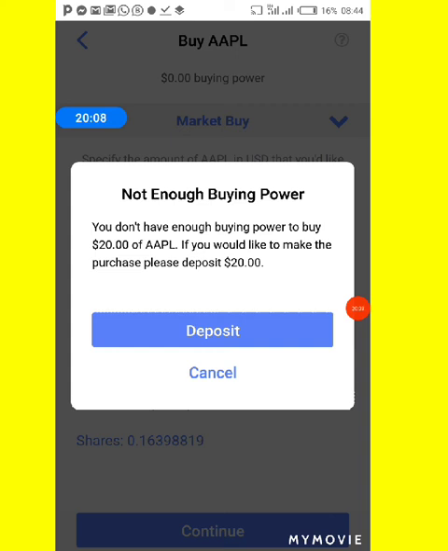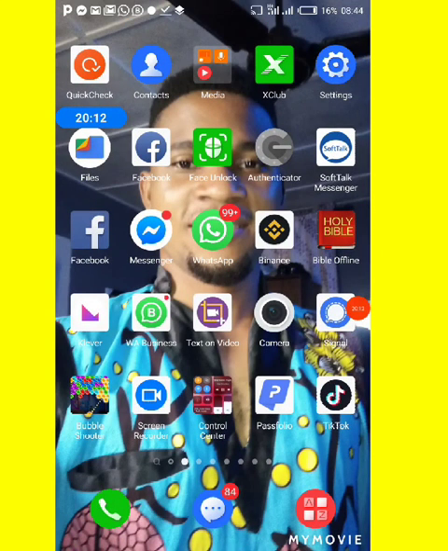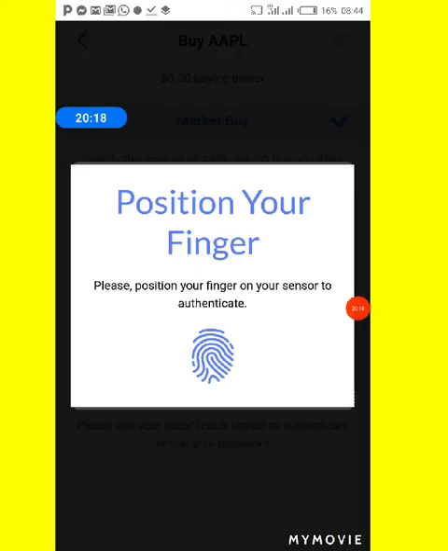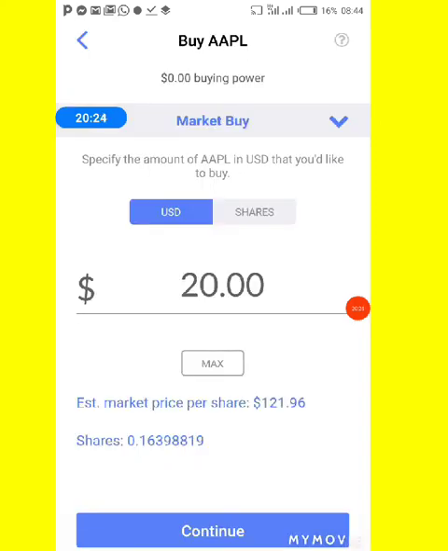So if you have the money, just go to deposit and click on it to deposit the money. But I'm going back now because I don't have the money. I don't want to deposit now.